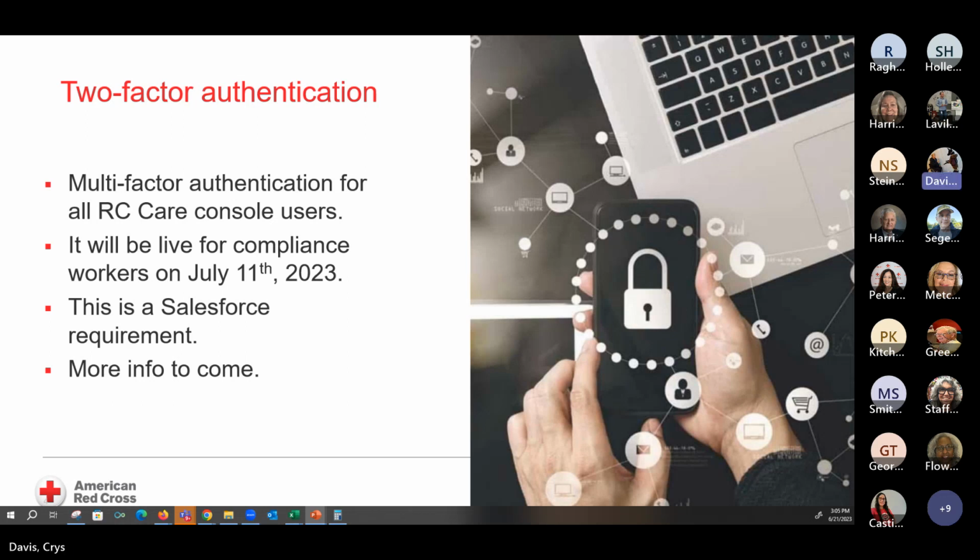Hey, Chris. Yes. It's Ariane. I do want to, so sorry, I didn't get this information to you ahead of time. We have had a slight delay in multi-factor authentication. Oh, okay. So it is going to go a little bit later than July. We don't have dates yet. But we're putting a little bit of a pause to get some more user feedback and find alternate options for those that don't have a smartphone.